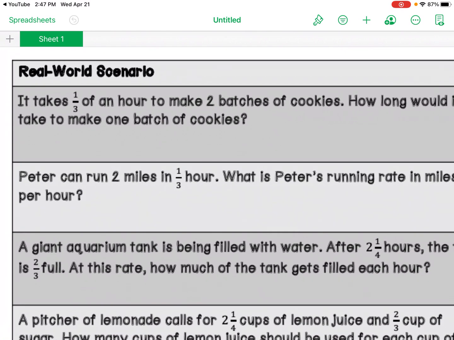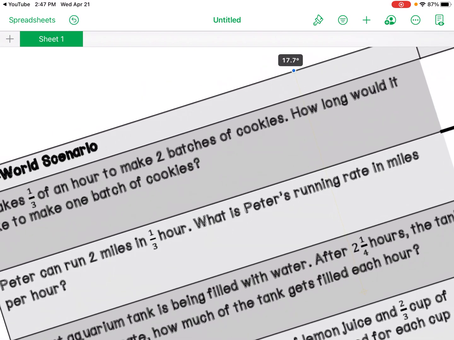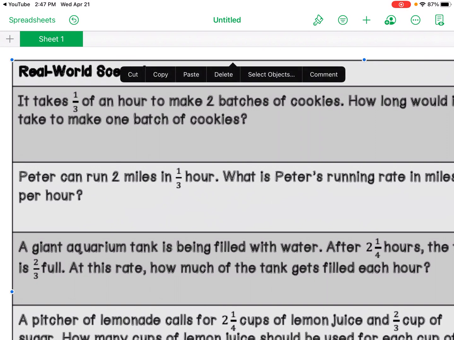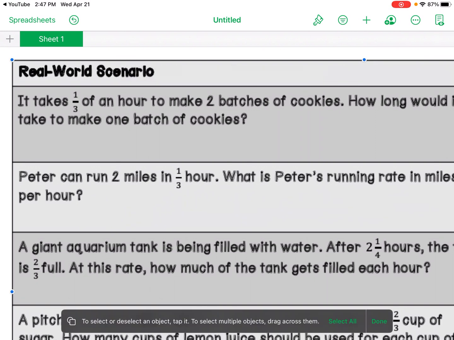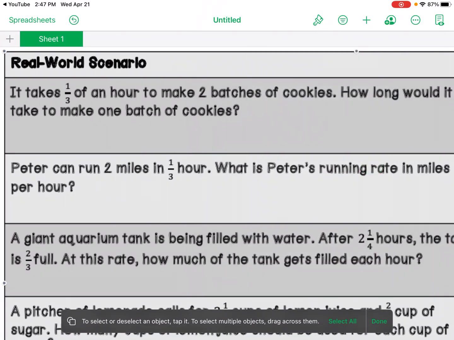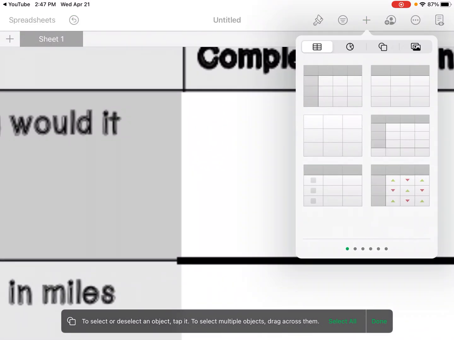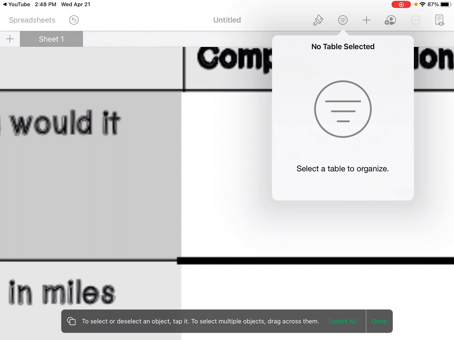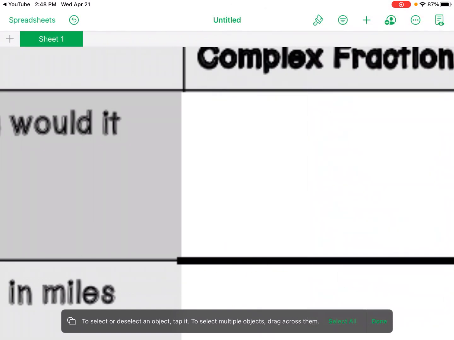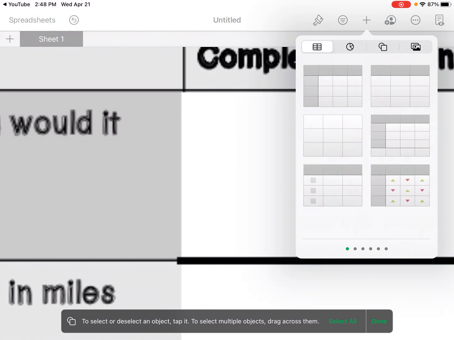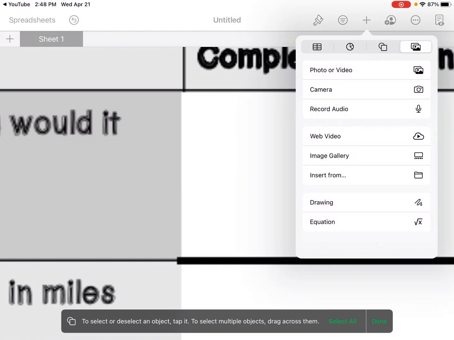So our first one is it takes 1/3 of an hour to make 2 batches of cookies. How long would it take to make 1 batch of cookies? I need to lock that in place. There we go. So I'm going to start by making my table.